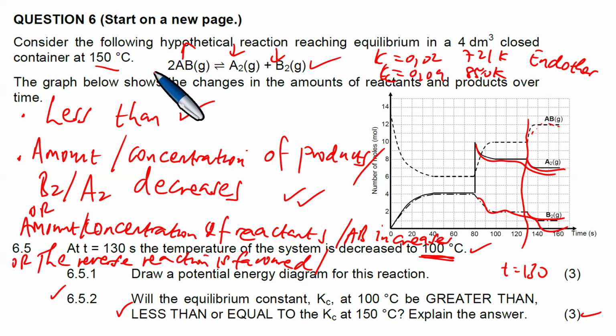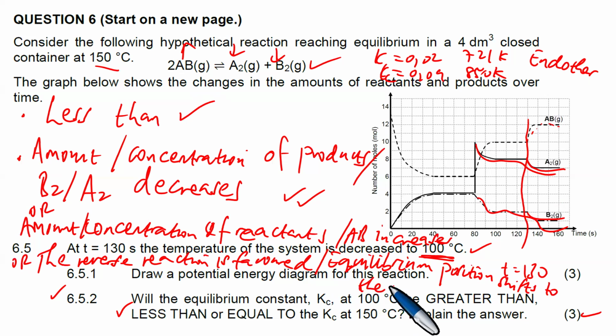Because the reactant increases, or you can go on to say the equilibrium position shifts to the left. The equilibrium position shifts to the left. The increase in the AB concentration means that the equilibrium position shifts to the left.